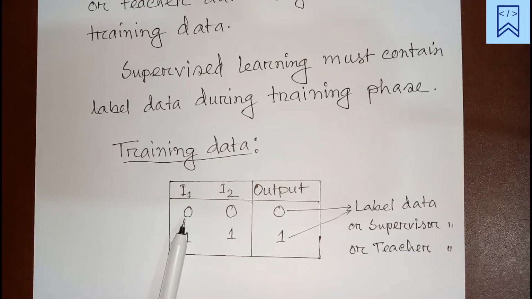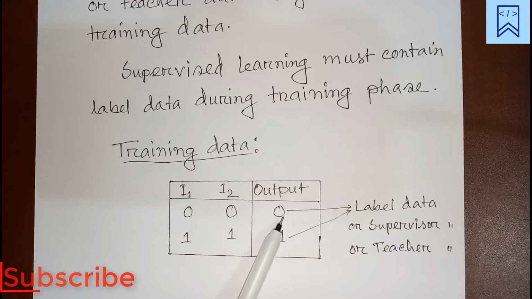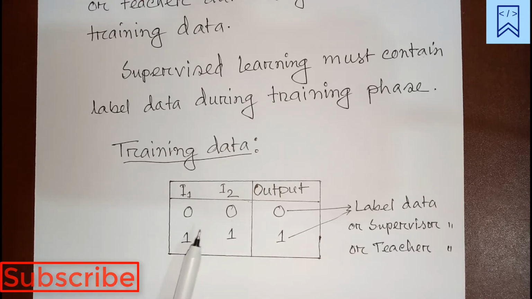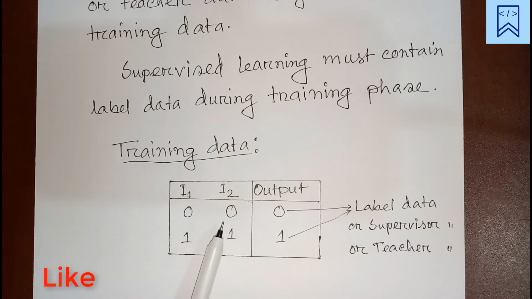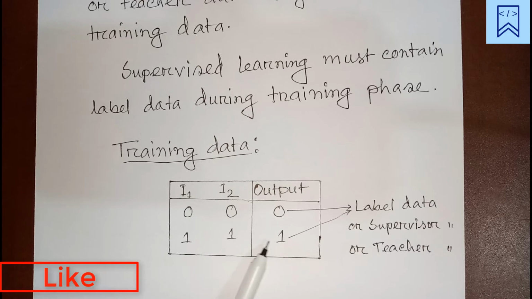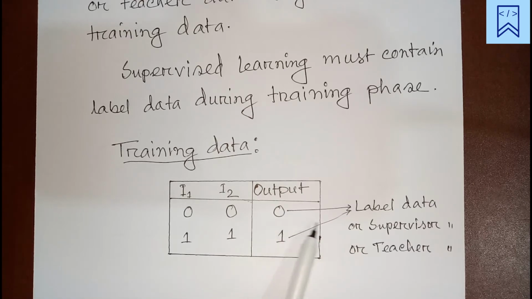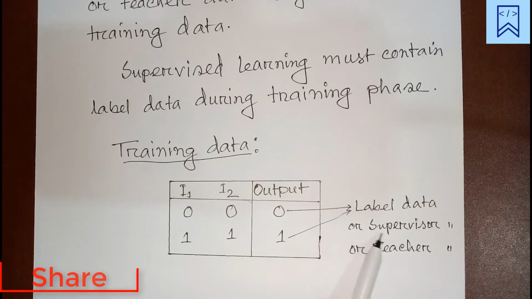For input 1 0 and input 2 0, output is 0, and for input 1 1 and input 2 1, then output is 1. So the output is given here. This is called label data or supervisor data or teacher data.